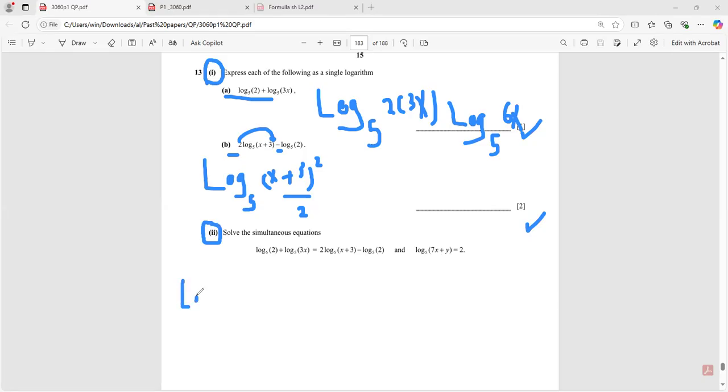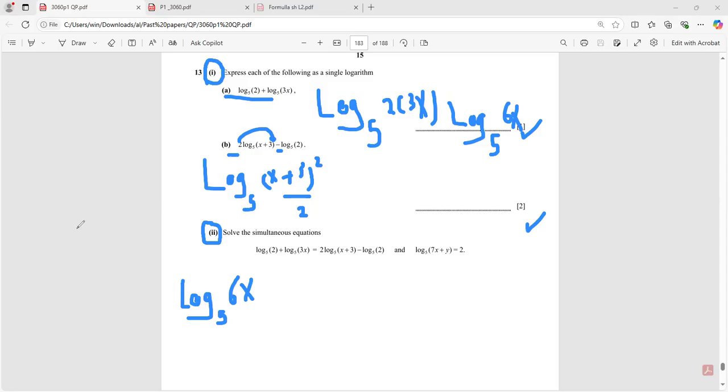Okay, so here you are going to put the single log, which is log base 5 of 6x here, the first single log.